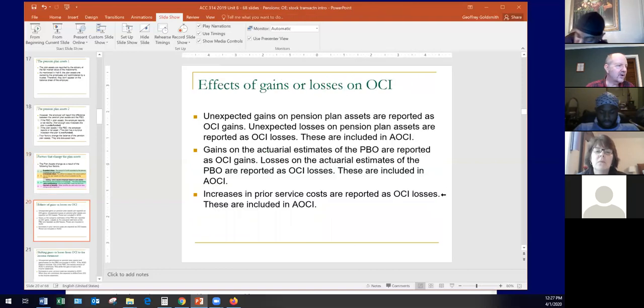And so these temporary fluctuations, called unexpected gains and losses, are not counted as net income gains or losses, but other comprehensive income. And then they go into accumulated other comprehensive income.